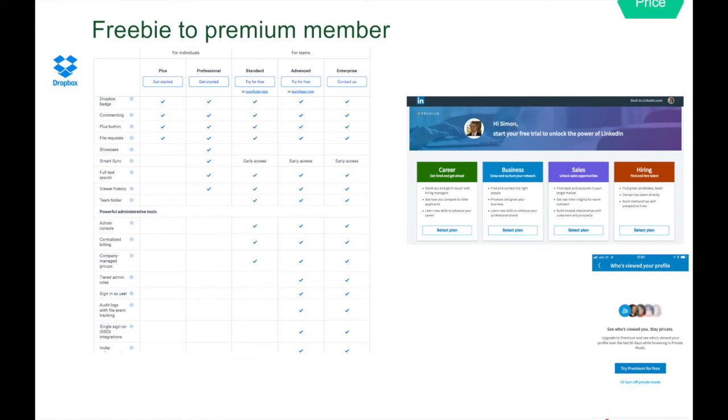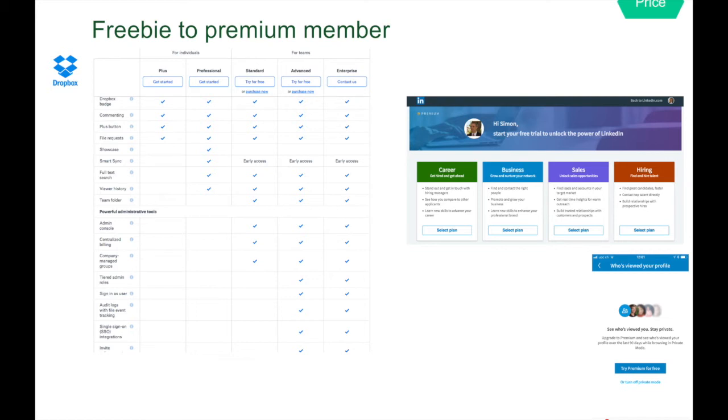On the right hand side, that's LinkedIn, and LinkedIn is going down a slightly different route. So Dropbox on the left side, they add more features. So the columns with the ticks are getting longer. Yes. And LinkedIn is basically saying that you might have different needs.